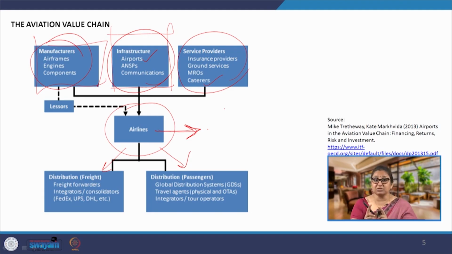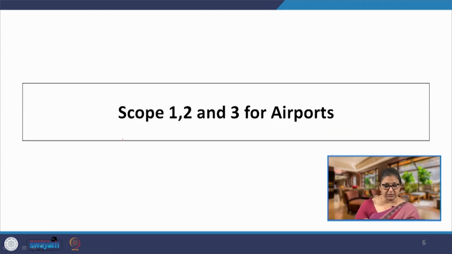However, we must remember that we can take any player out of this entire value chain, and their overall emissions remain almost similar, because the total emissions in different scopes will remain the same, just that their categories will change.